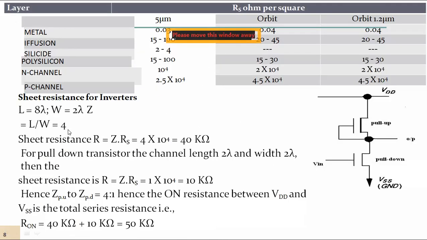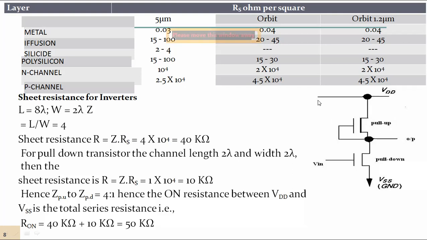Let's see why we have taken length equal to 8 lambda and width equal to 2 lambda, Z equal to L by W equal to 4. Already we have derived that. The resistance R equals Z into RS, where RS is for an NMOS. It is an NMOS inverter, one is depletion mode, another is enhancement mode. The first transistor is a depletion mode transistor, the second is the pull up and pull down.